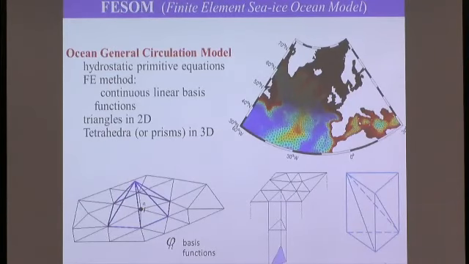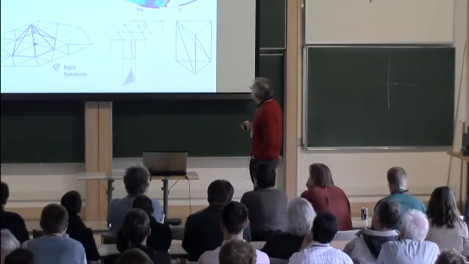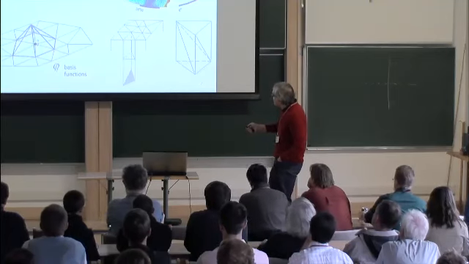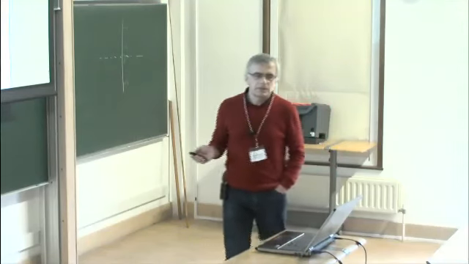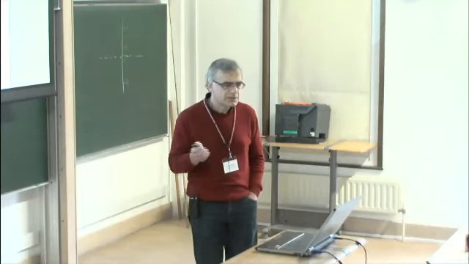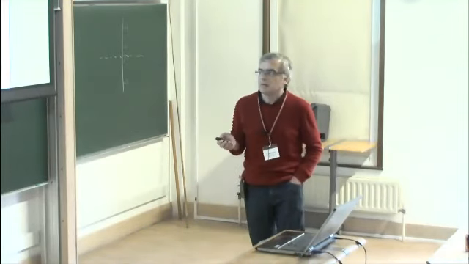The point is that we are using linear functions to represent our fields, and in the tetrahedral case, it's just linear on tetrahedron, which gives you a possibility to just take arbitrary layering in your ocean without doing any changes to the code. Everything is automatically taken into account.